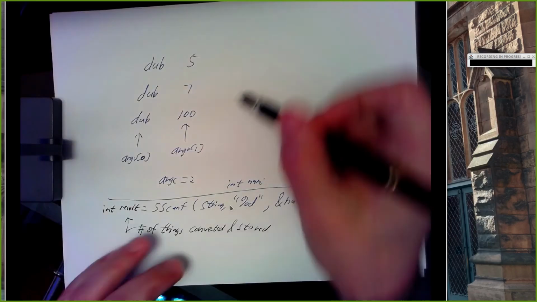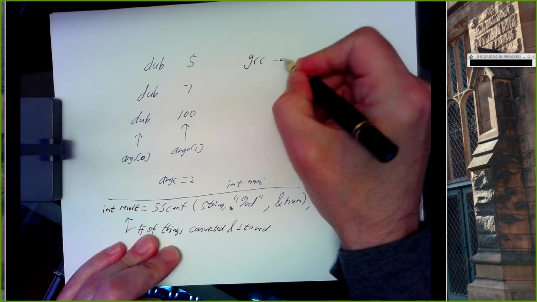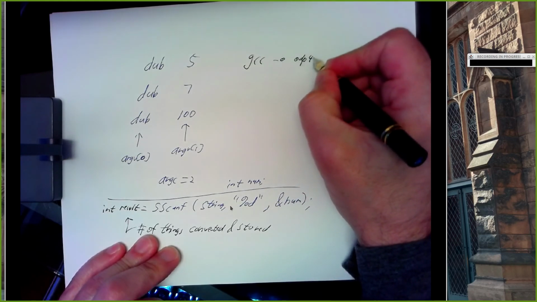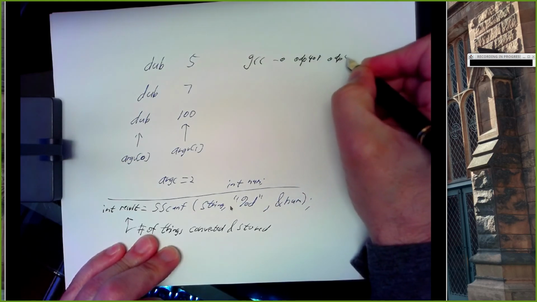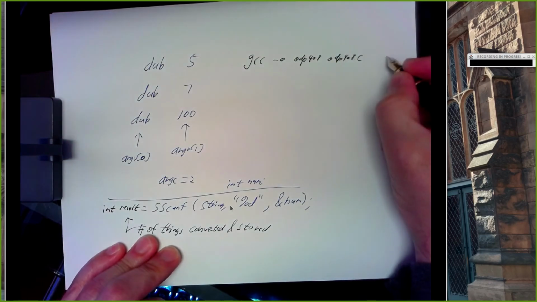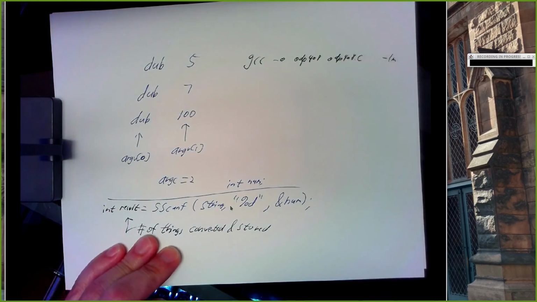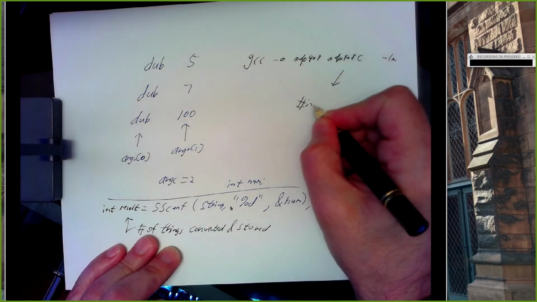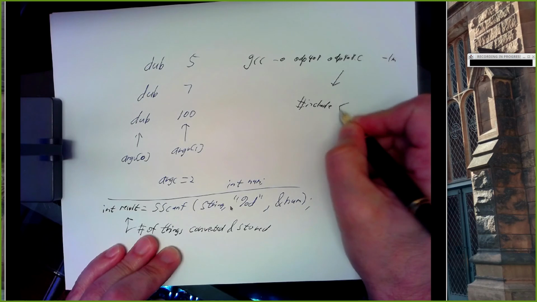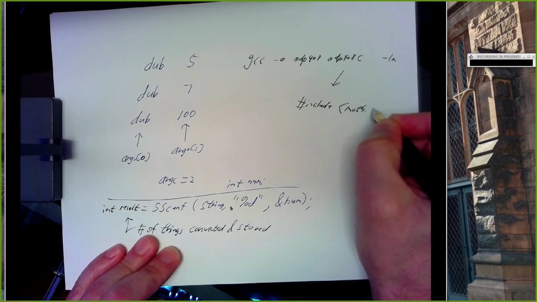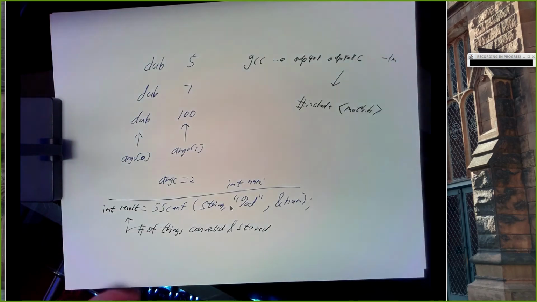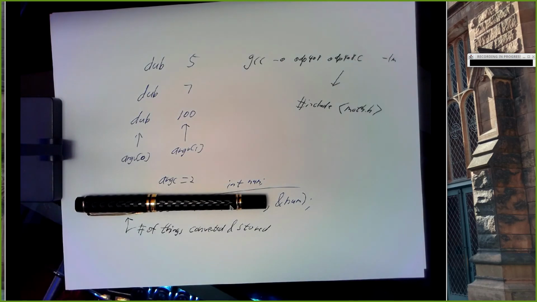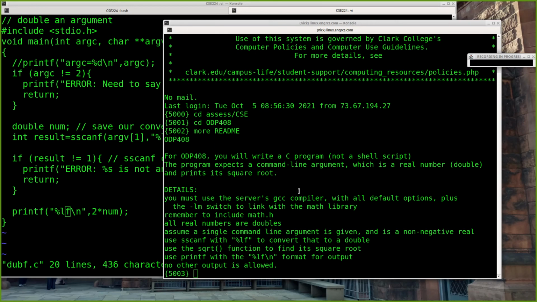So you're going to do something like gcc -o ODP408 ODP408.c -lm. And in the beginning of your C program, you need to include math.h. So those are two things because we're using square roots: you've got to include math.h, and you've got to put the -lm switch.